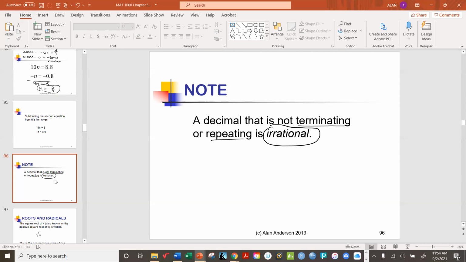Okay, so terminating decimals and repeating decimals are rational.